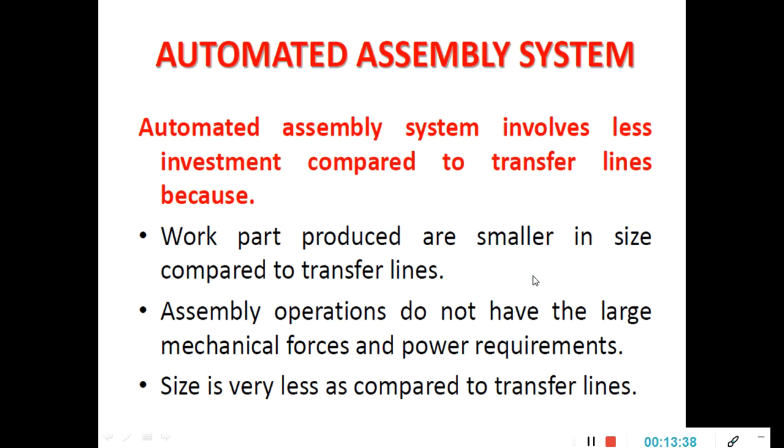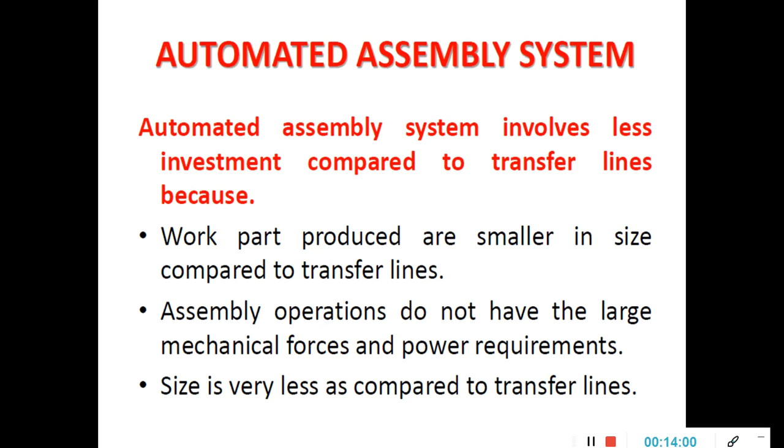In the automated assembly system, as I told you, the work parts produced are smaller in size compared to the transfer line, because the small components are going to be used to assemble to make a final product. Therefore the component size is very small here. Assembly operations do not have large mechanical forces and power requirements.